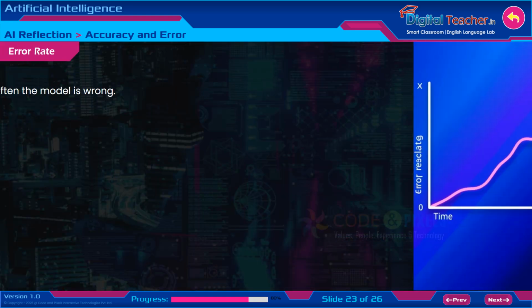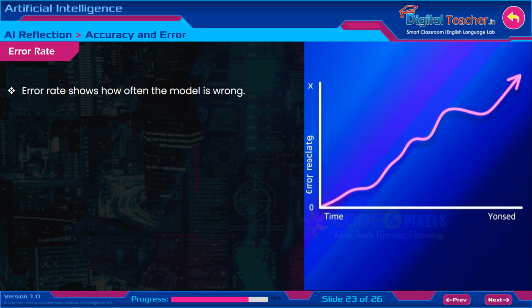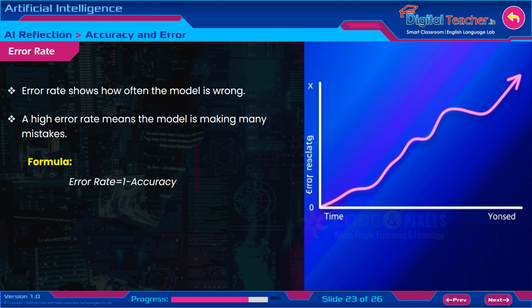Error rate. Error rate shows how often the model is wrong. A high error rate means the model is making many mistakes. Formula: error rate is equal to 1 minus accuracy. Or error rate is equal to false positive plus false negative divided by true positive plus true negative plus false positive plus false negative.